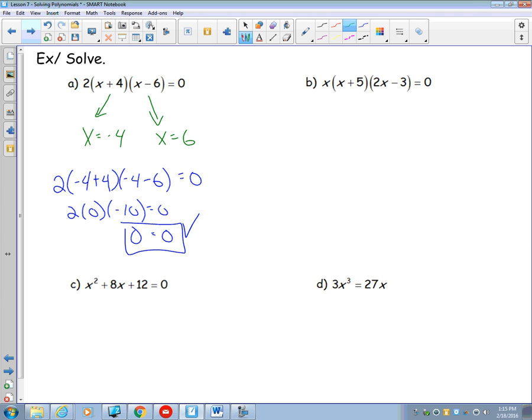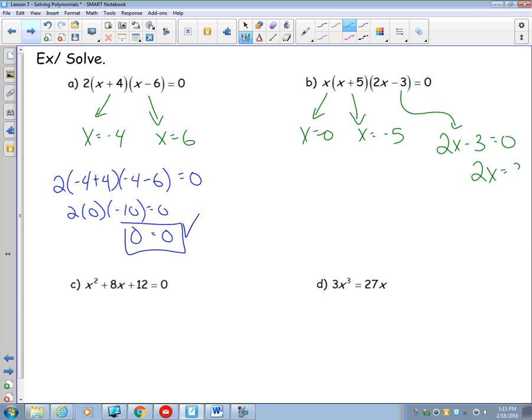If I try the next one, what are the zeros? What are my solutions? Well, there's a 0 at 0. There's another one at -5, and there's a third one over here. Now this one's kind of hard to figure out because it's got more than one number in the bracket. In that kind of case, I write down, I want to know what makes this equal 0, because that's my solution. And then I solve this.